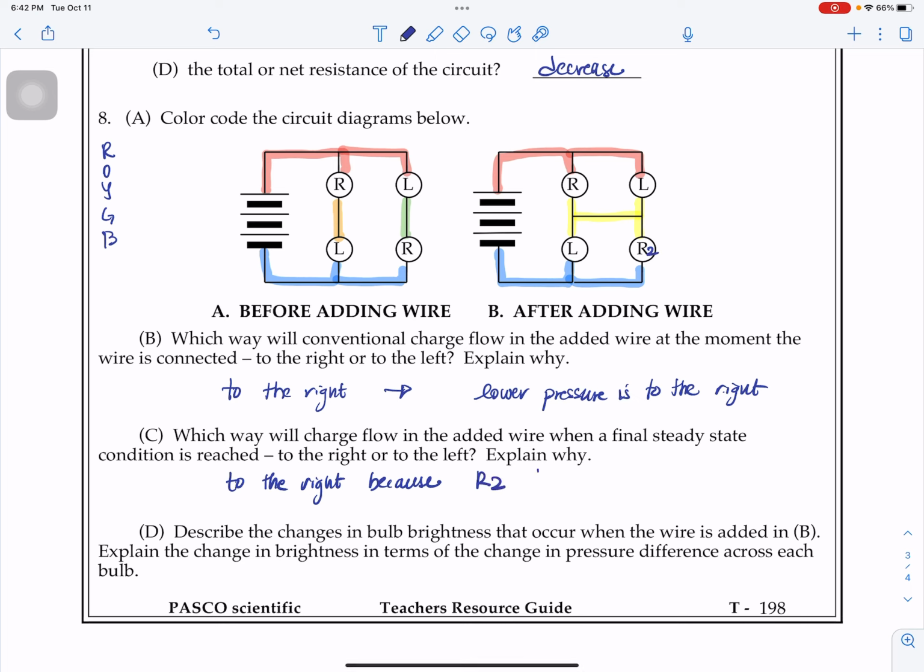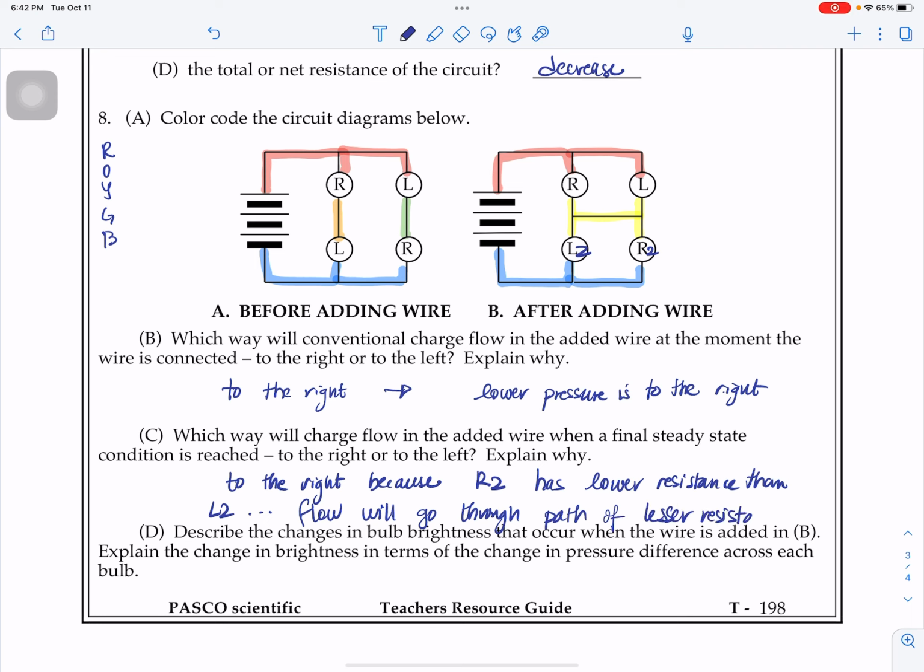Round bulb 2 has lower resistance than long bulb 2, L2, and so the flow will go through the path of lesser resistance. And I'm going to say the majority of flow. L2 will still be lit.